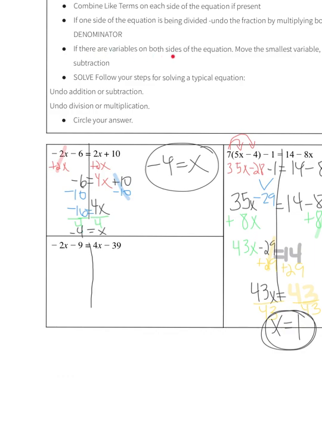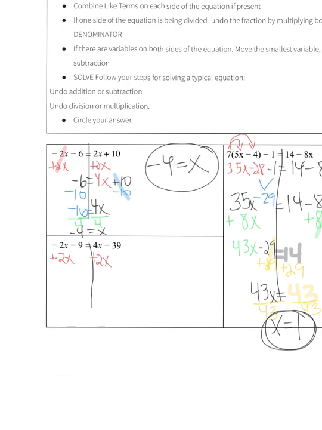If there are variables on both sides, a variable here and a variable here, we move the one that is smaller. So I have a negative 2x. I need to move that over here. The only way I can do that is by doing the opposite. So since I'm subtracting that 2x, what I need to do is add that 2x, because that's going to make that equal to 0. So once I add 2x to this side, then I'm going to add 2x to this side.